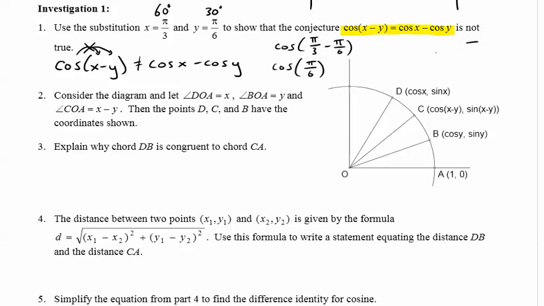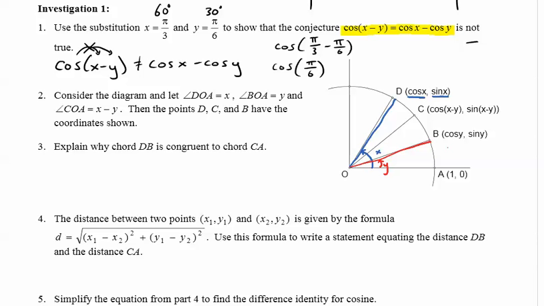So here on this graph, what I've done is I've taken some random angle x, and some random angle y. And I've just drawn those two angles on the graph. And if you remember, when you draw an angle on a unit circle, so the radius of the circle is 1, then the x-coordinate is cosine of the angle, and the y-coordinate is sine of the angle.